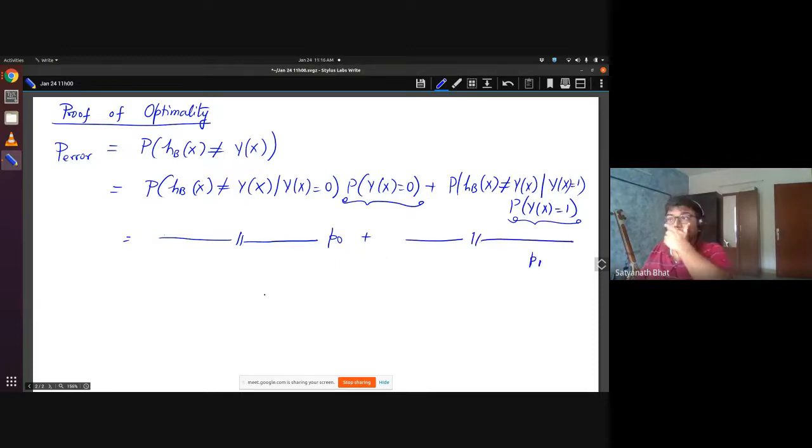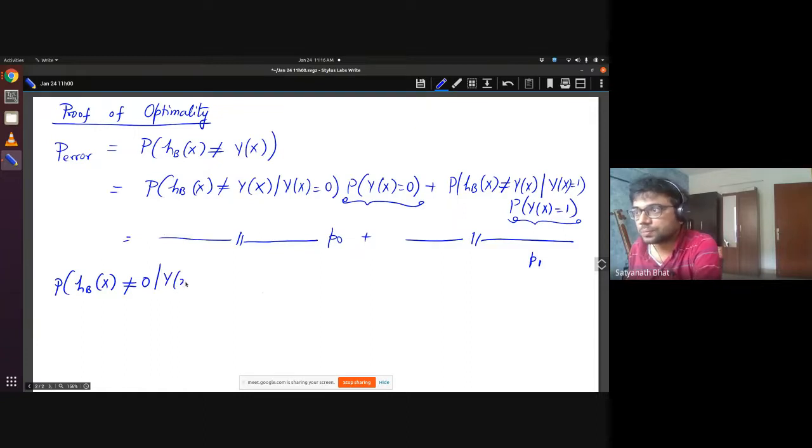Okay, so now this is what is given. So now we have to estimate this quantity. So let us try to understand how to estimate the probability that h_B of X is not equal to 0, or equal to 1, given Y of X is equal to 0.